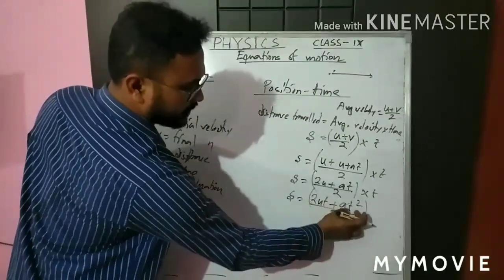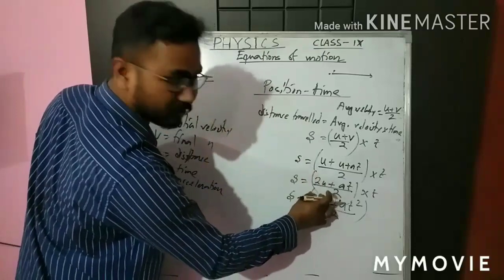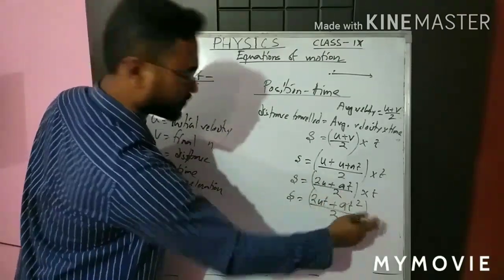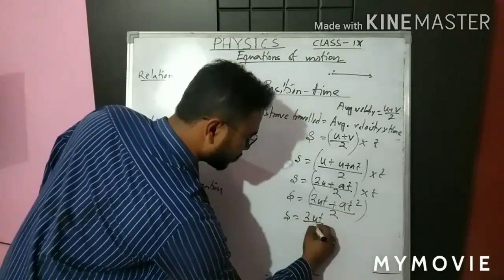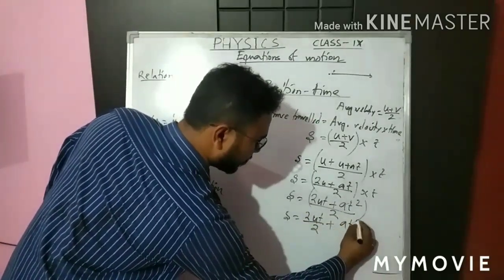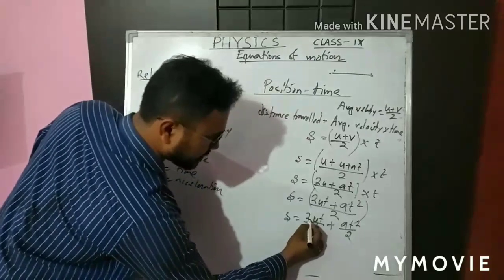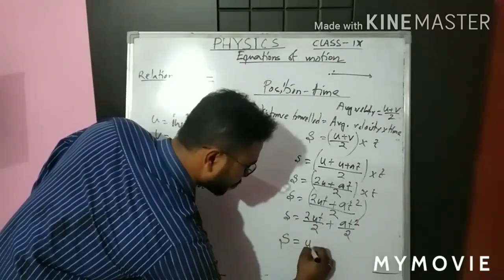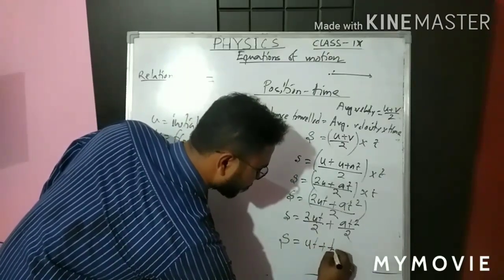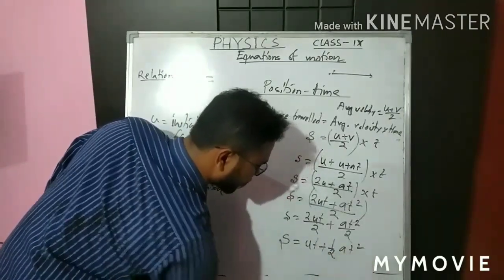Now as the relationship (a plus b) by 2, you can easily split it as a by 2 plus b by 2. Simple, right? As you do in mathematics. So ut by 2 plus at square by 2. Now you can see 2 will cancel, so the final result is s equals ut plus half at square.